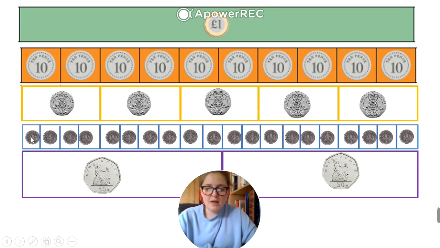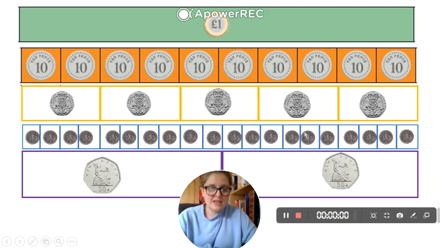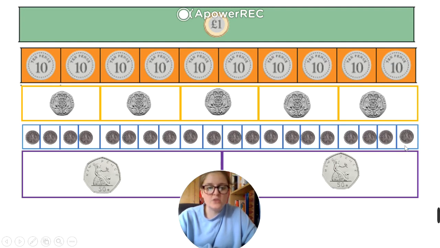And I can make it up to a pound. 5, 10, 15, 20, 25, 30, 35, 40, 45, 50, 55, 60, 65, 70, 75, 80, 85, 90, 95, 100. One pound. And I hardly need any 50p pieces because 50 is half of 100. So 50, 100. And that gets me to one pound.